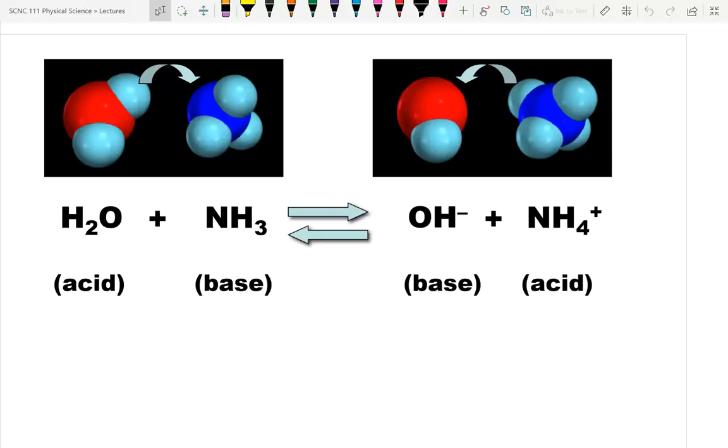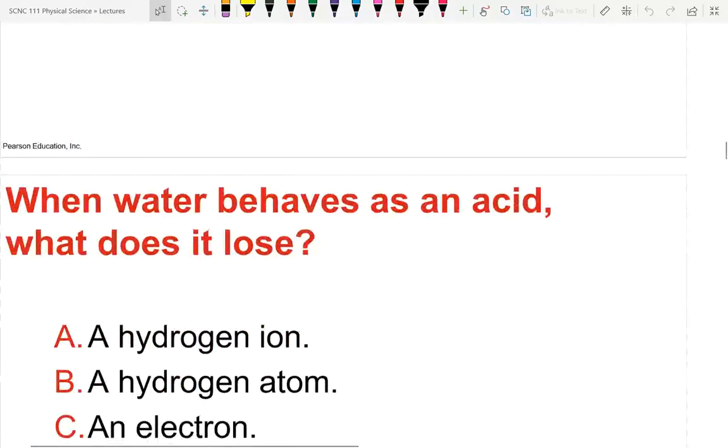On the right-hand side, OH, hydroxide, is a base because if you go this direction in the reaction, the OH accepts a hydrogen. And the ammonium here is an acid, the ammonia is a base, for the reactions going both directions.